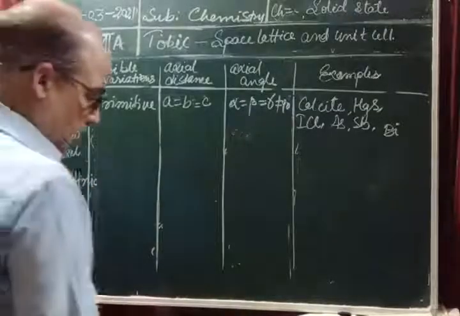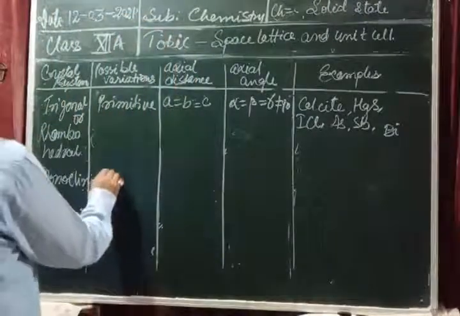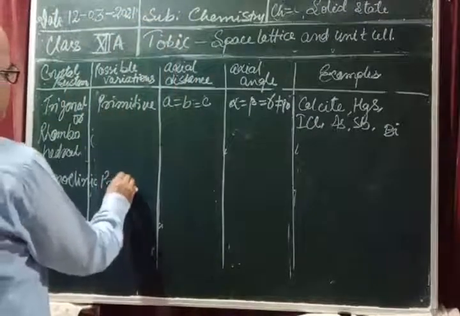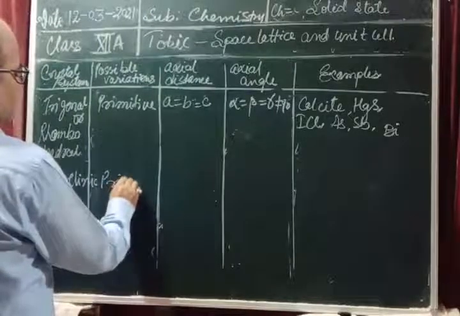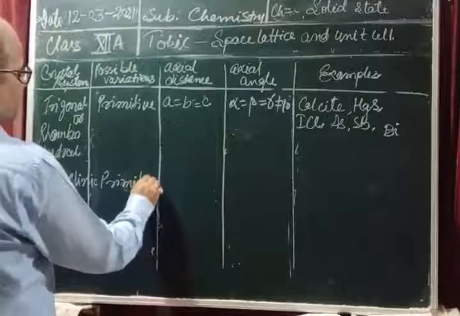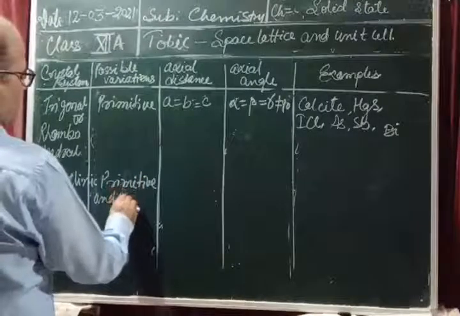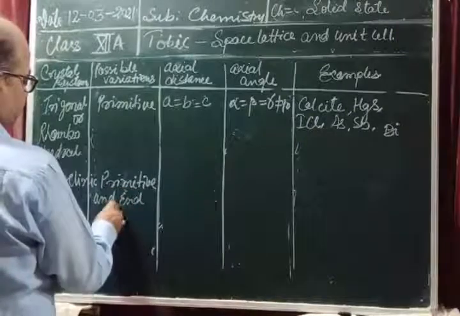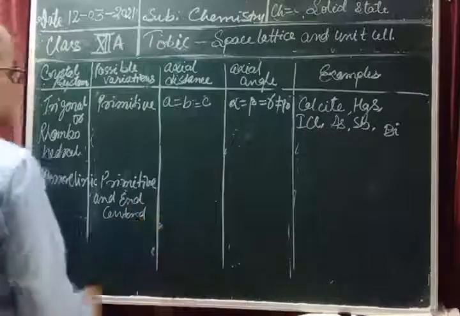Okay. And monoclinic is primitive and end centered. There are two types: primitive and end centered. Okay.